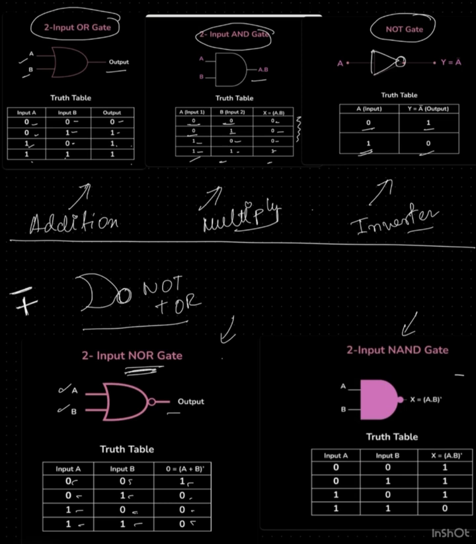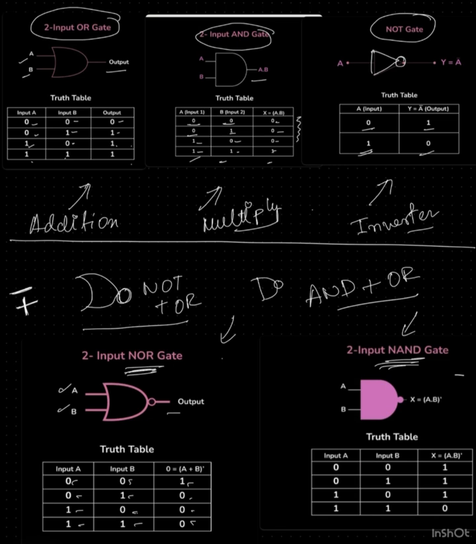Similarly, next you have NAND gate. So what is a NAND gate? A NAND gate is a combination of AND gate plus NOT gate. So AND gate looks something like this structure D, and the NOT gate circle will come here. So this is your NAND gate. What was the function of AND gate?